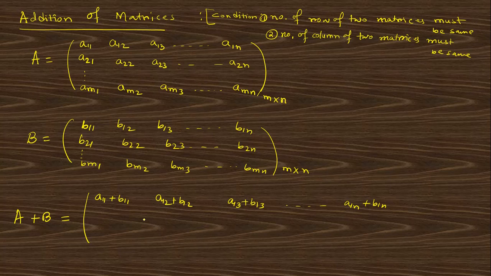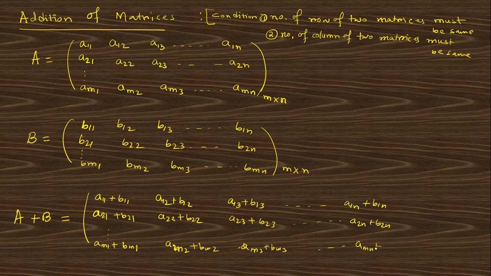Next, A21 plus B21, A22 plus B22, A23 plus B23, and A2n plus B2n. In the same way, AM1 plus BM1, AM2 plus BM2, AM3 plus BM3, and AMN plus BMN.